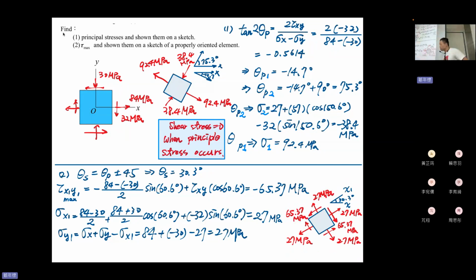Okay, that's the answer. I believe the concept is very straightforward. Just make sure that you set the correct angle and be careful about the minus or positive sign, and that's it.